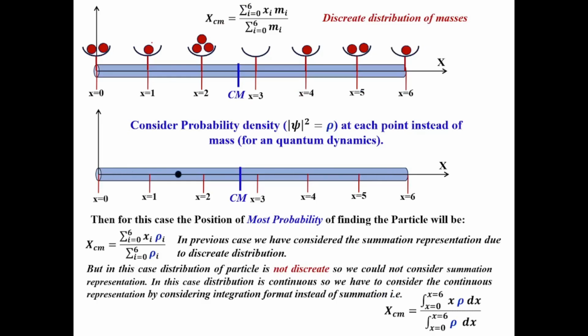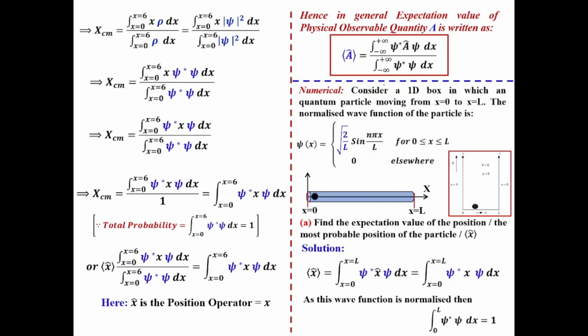Mass is substituted as your probability density at each and every point on this rod, and finally we found the expectation value of a physical observable quantity will be represented in this way.